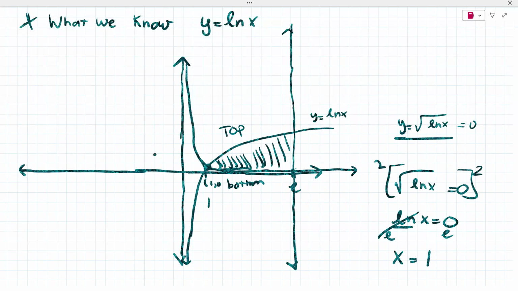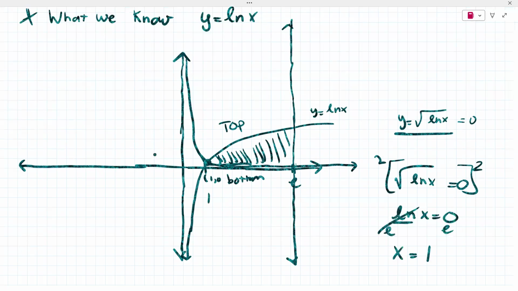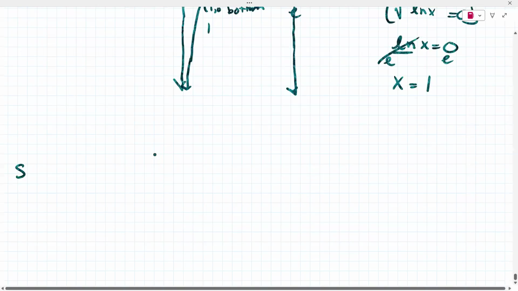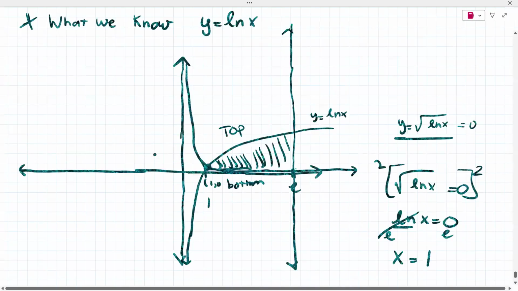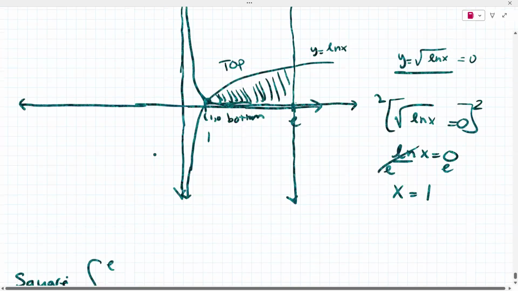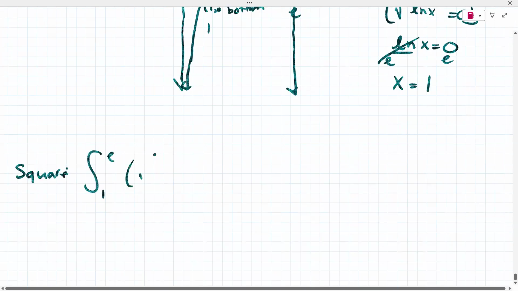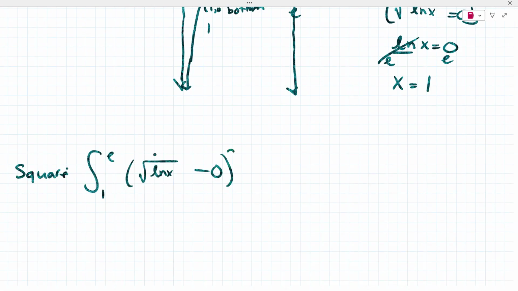So let's start. They want all cross sections, so we'll start with the square. The square is going to be the integral from 1 to e of top minus bottom squared. So the top is the square root of ln of x, minus 0, squared dx.